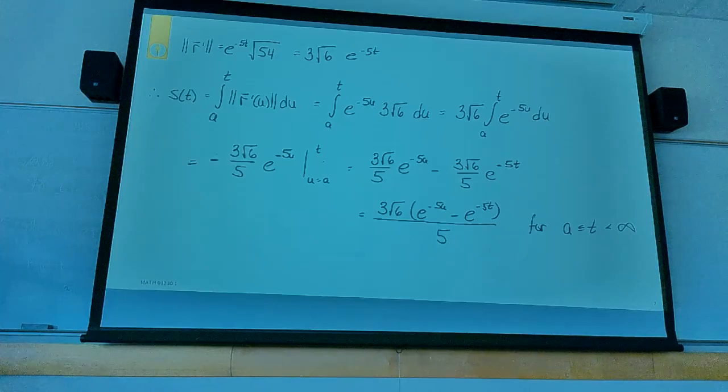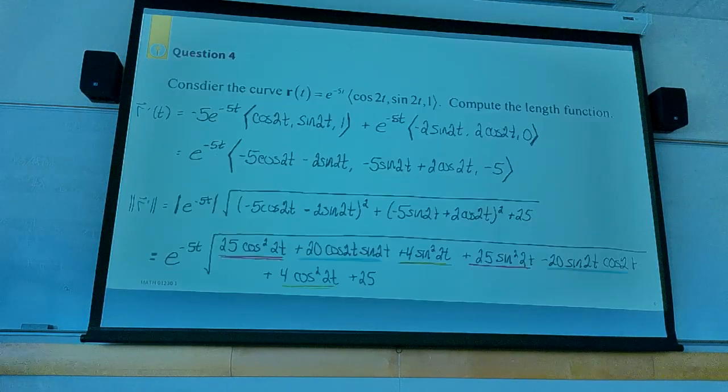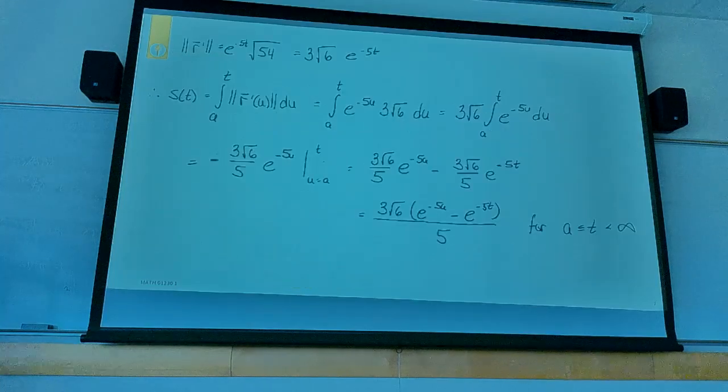We always have to provide an interval when you answer this question. If an interval is already provided, no. If instead I said, compute the length function over the interval 0 to 8, then it'd be implied that's the same interval. Because there wasn't one given, you do have to restrict it. You can't have t being less than a in this case, because that wouldn't make sense since I'm starting at a.